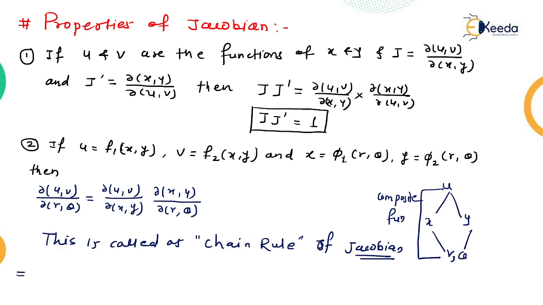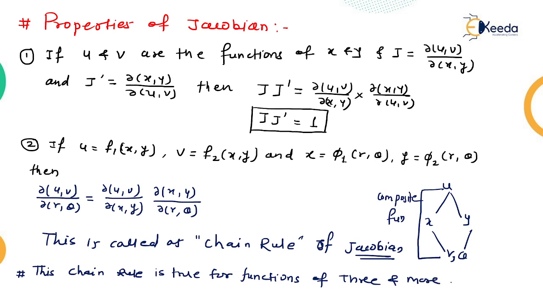So there is a note I am writing here: this chain rule is true for Jacobians of functions of 3 and more variables. Means the Jacobian chain rule is applicable for 3 and more variables.